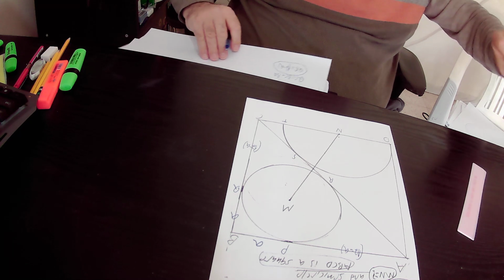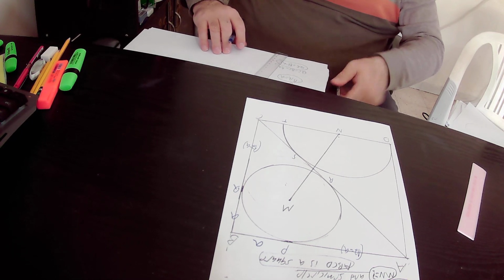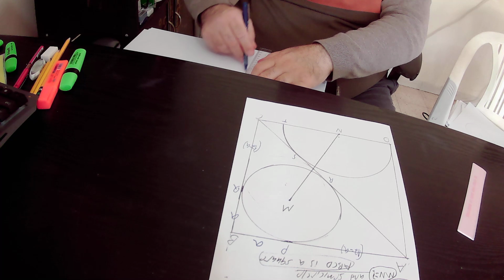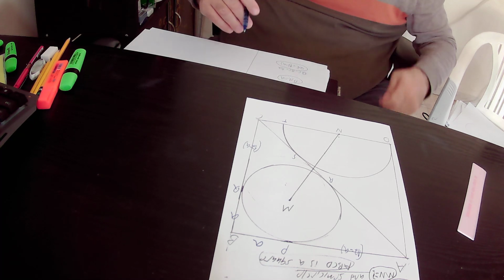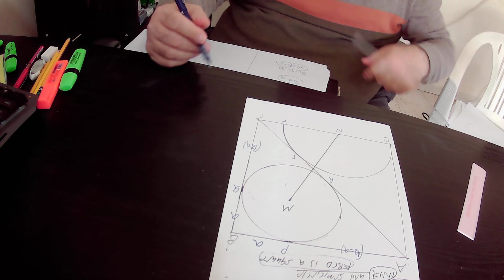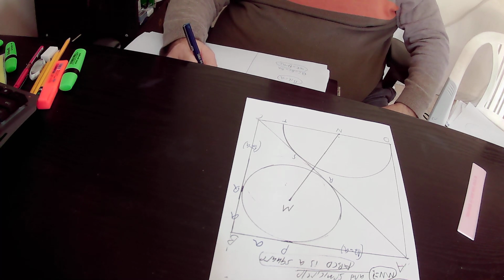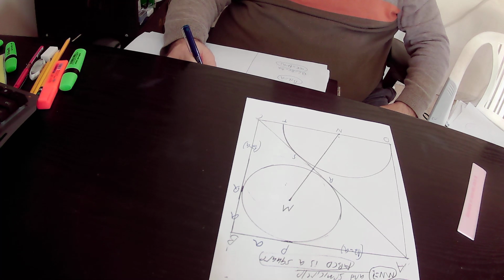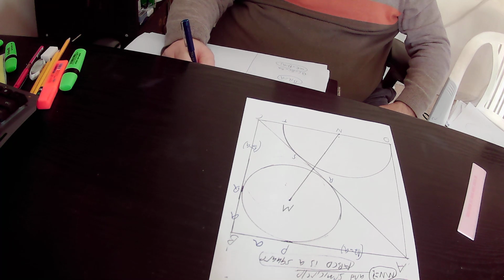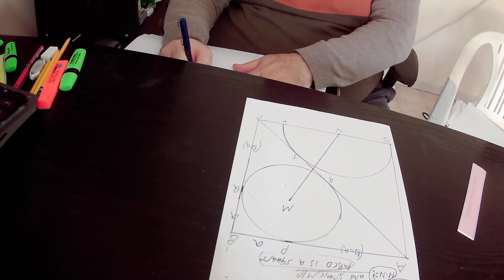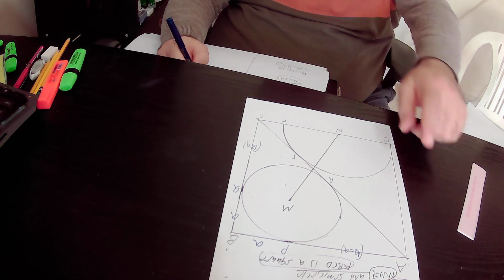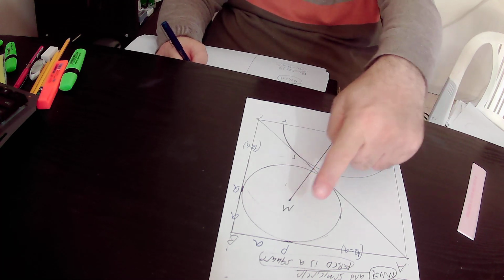In the next step, we will focus on the external point, point A. From the external point A, we have two tangents to this circle.